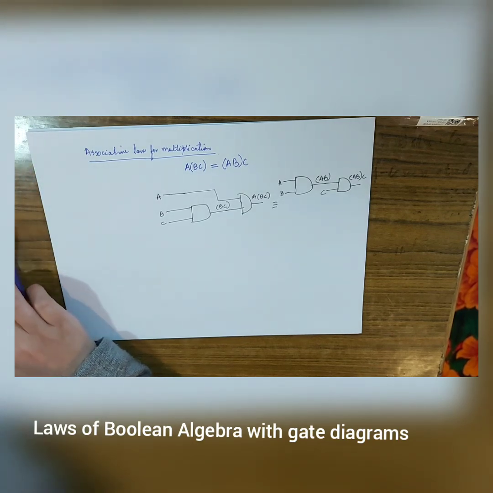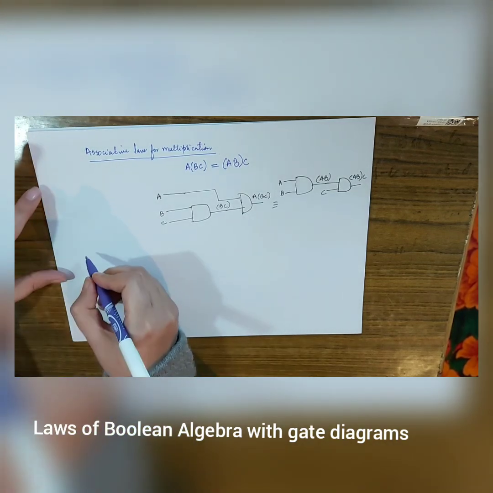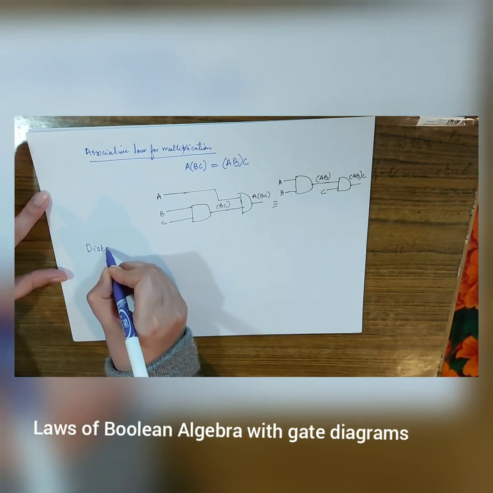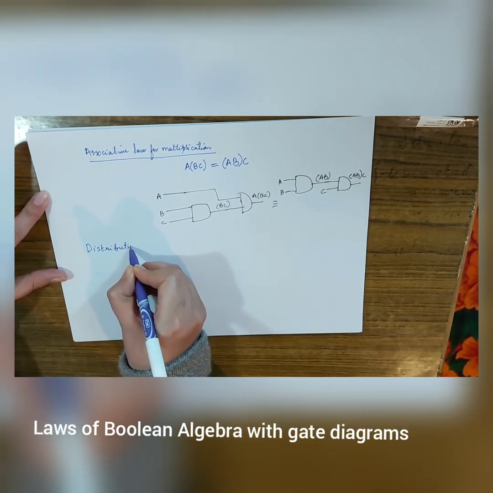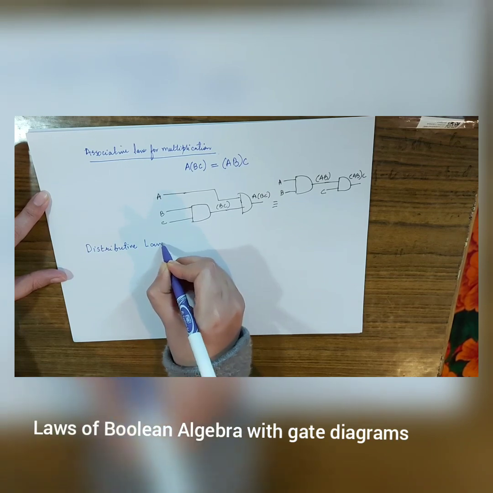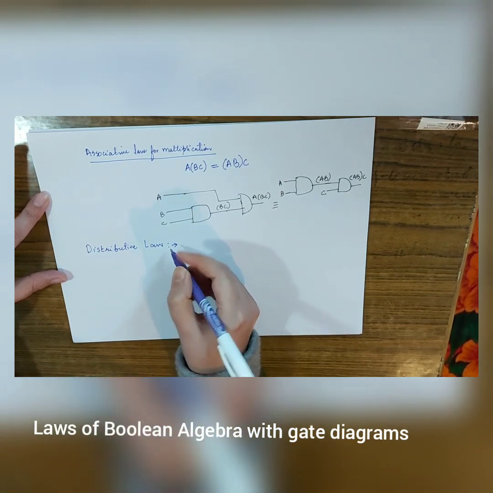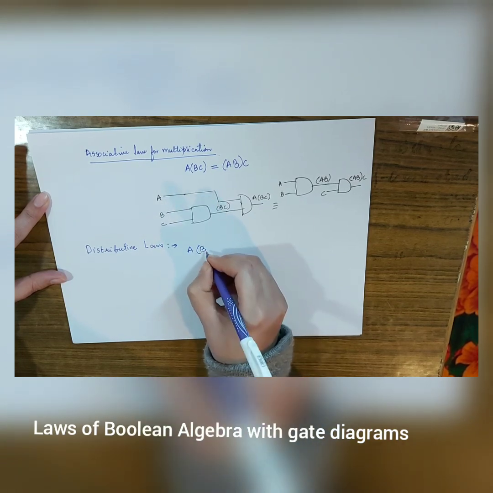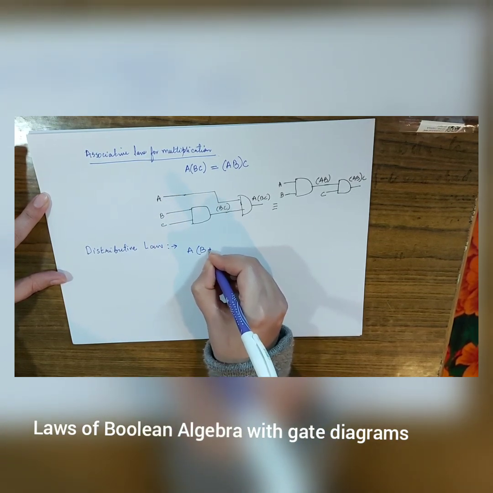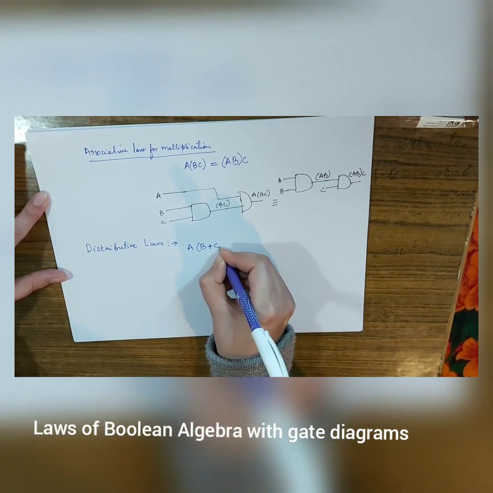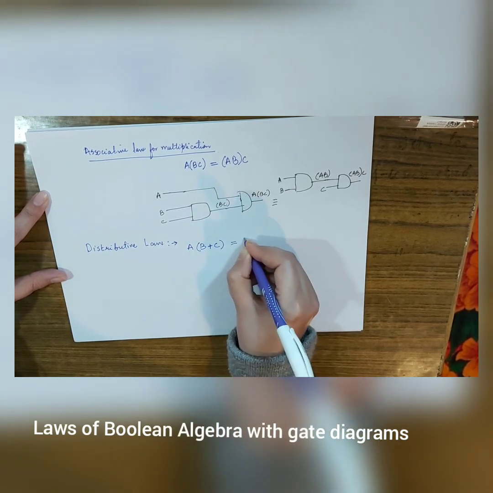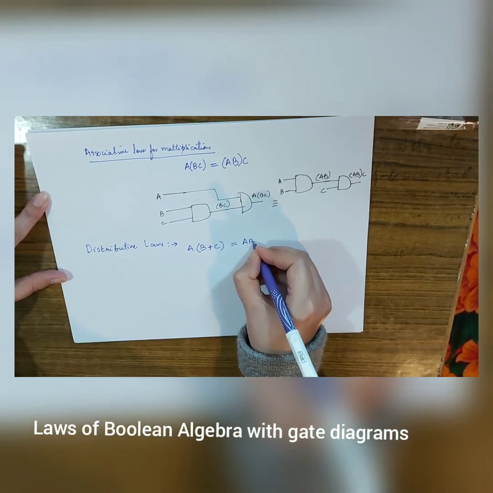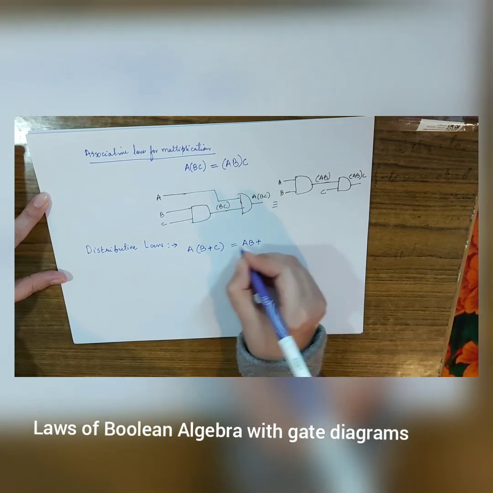Then we have another law, that is the distributive law. Distributive law is written as A and B or C will be equivalent to AB plus AC.